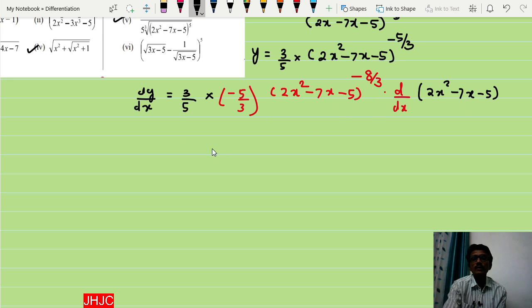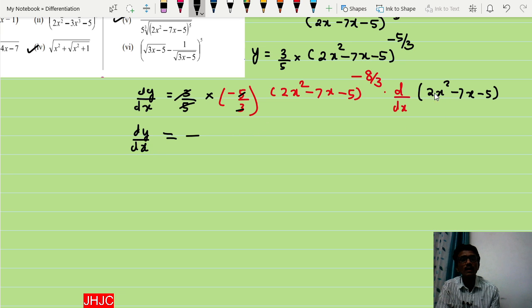Yes, this is getting cancelled and this will be equal to minus. See here, dy by dx is equal to minus, this will go in the denominator. And what is the derivative of this? It is 4x minus 7.